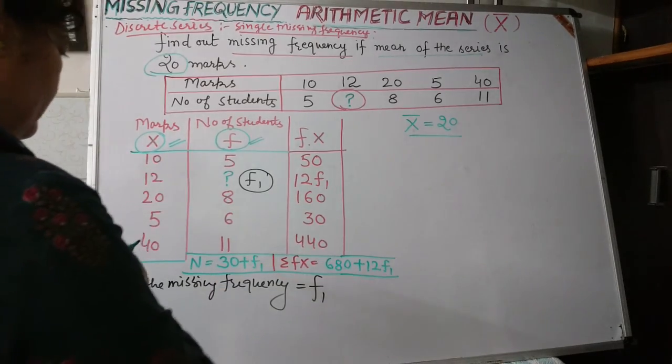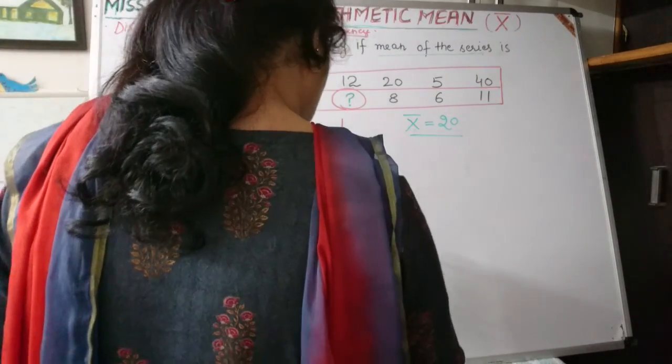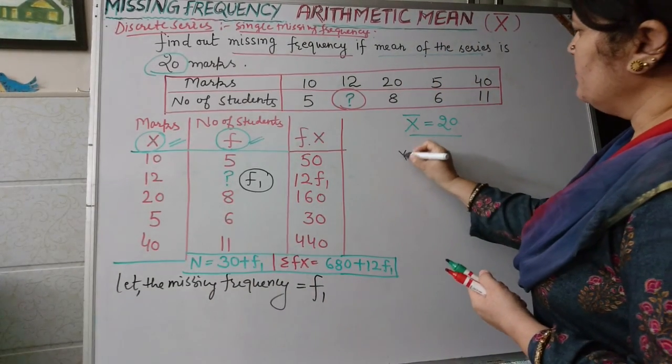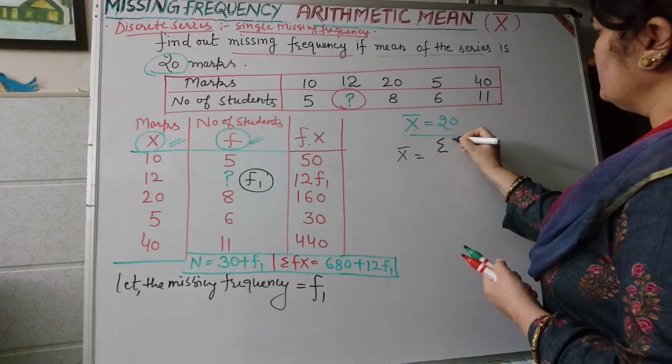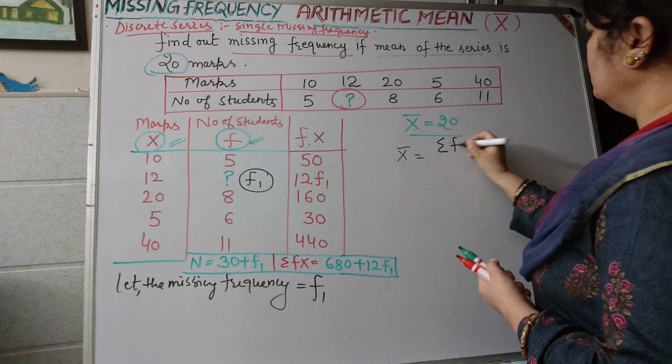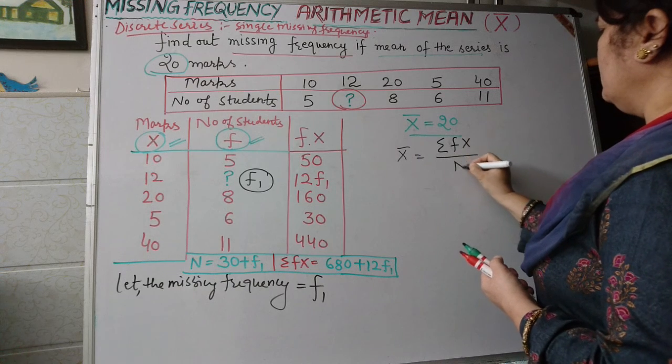And now let us put the values in the formula. X bar is equal to summation fx divided by n.